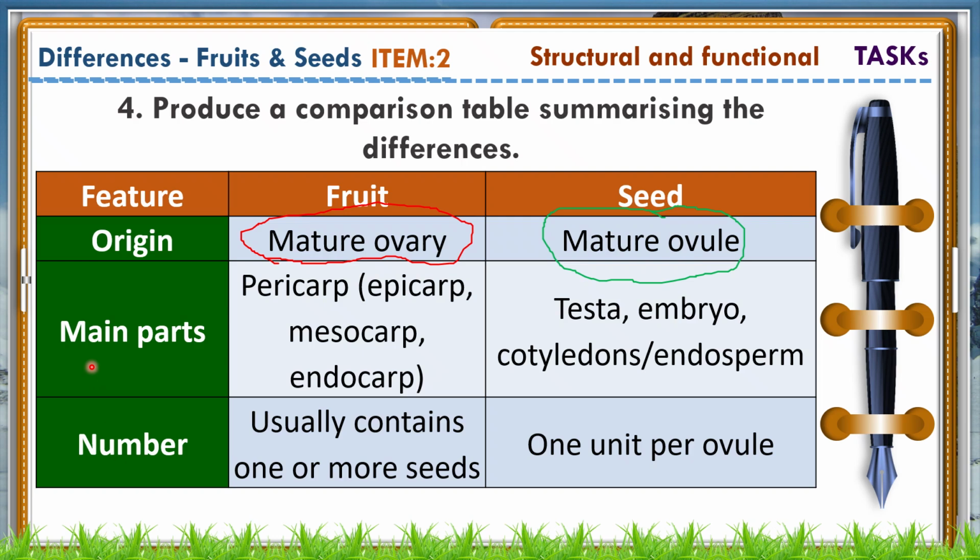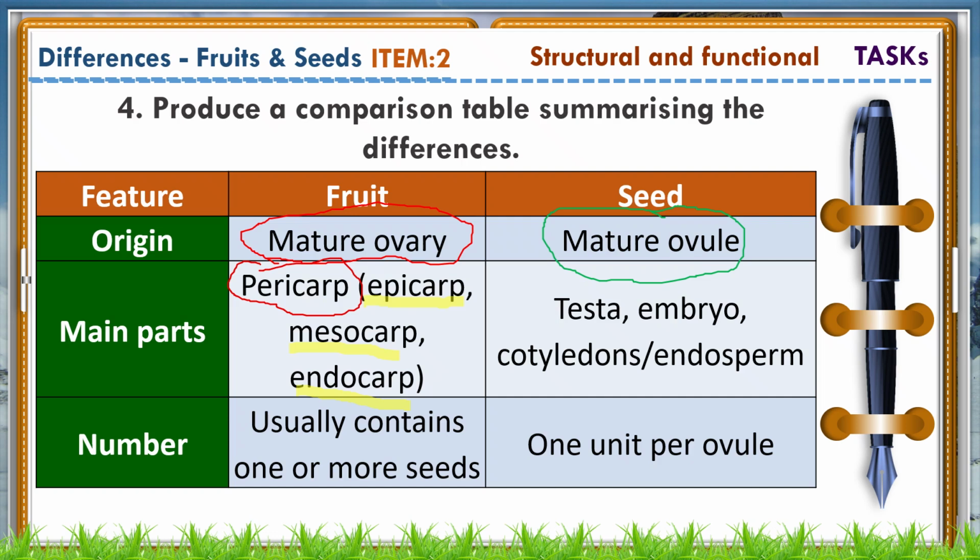When it comes to the main parts, the fruit has what we call the pericarp, and this one is made out of the epicarp, mesocarp, and endocarp.